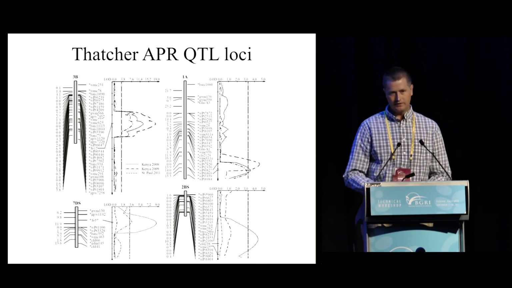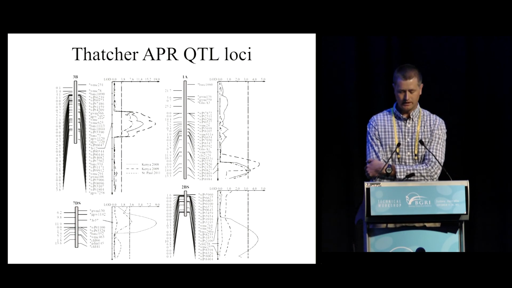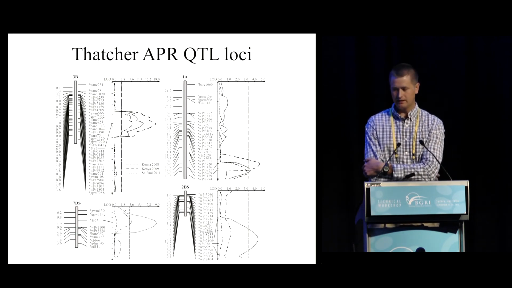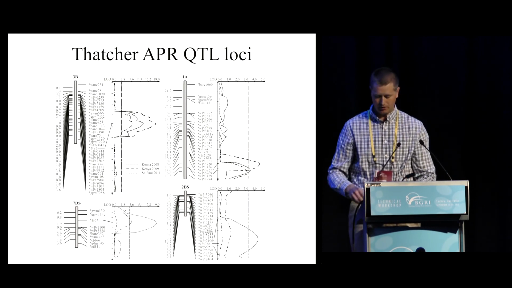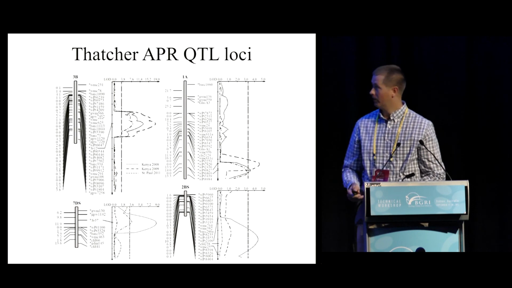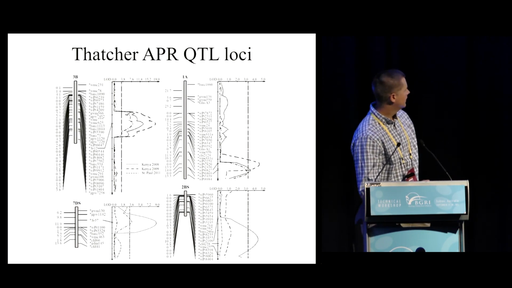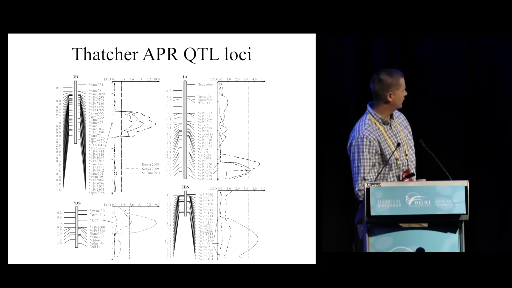Looking at the response of this population to the stem rust in Kenya and in St. Paul, we found 4 QTL. The most important QTL, which explained most of the variation, coincided with the mapped location of SR12.